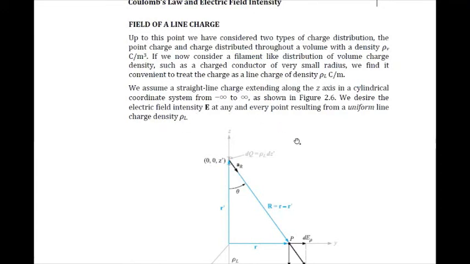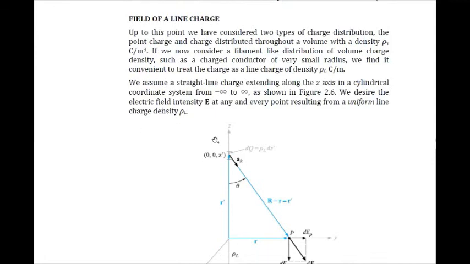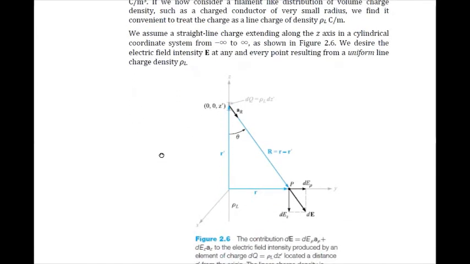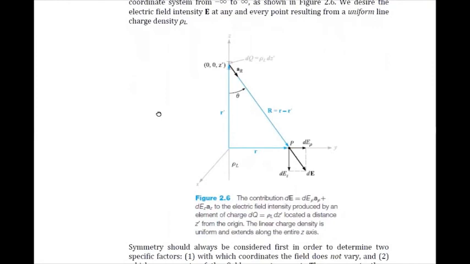We assume a straight line charge extending along the z-axis in a cylindrical coordinate system from negative infinity to infinity. As shown in figure 2.6, we desire the electric field intensity E at every point resulting from a uniform line charge density. Okay, ito na yung ating equation or figure 2.6.